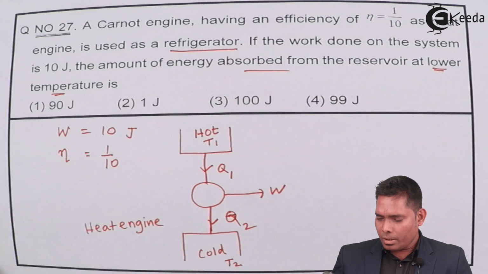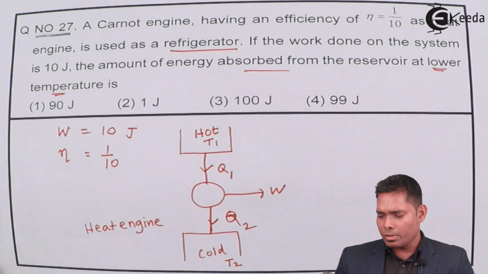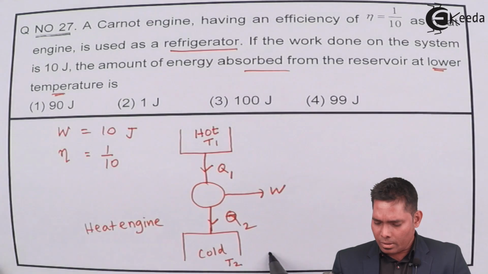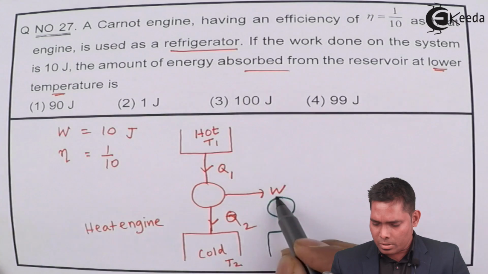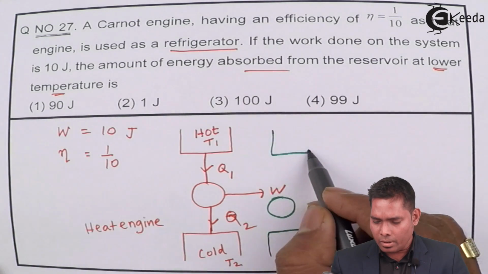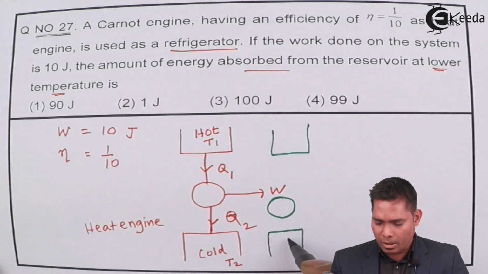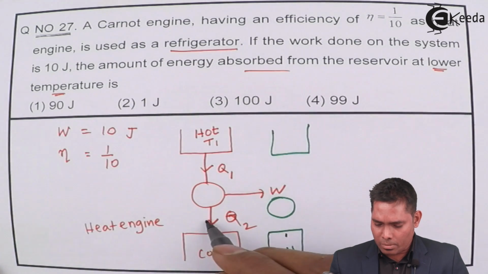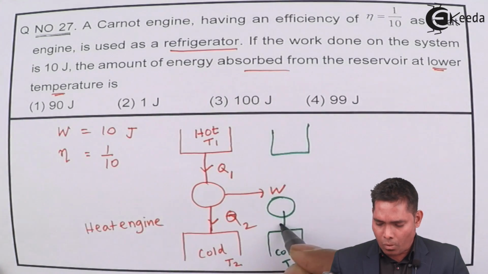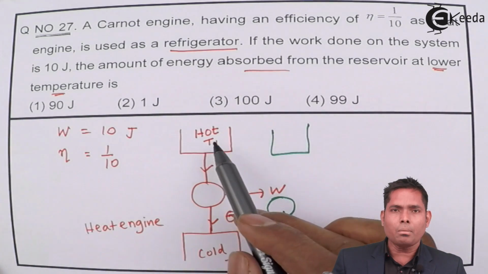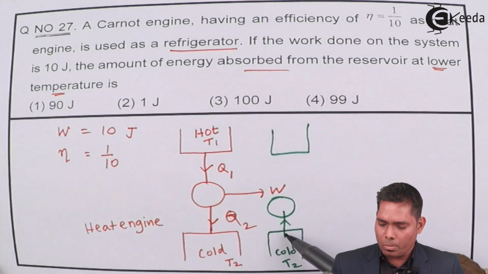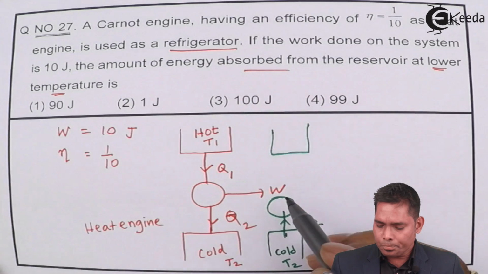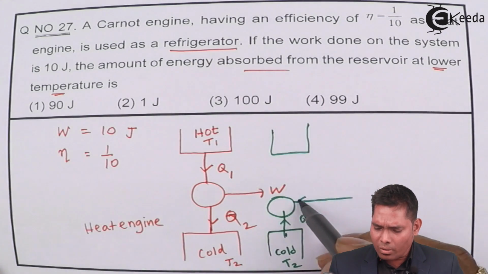The heat engine working in the reverse direction is known as a refrigerator. So in a refrigerator the same process is done in reverse. That means this is cold and its temperature is T2. The direction of the arrow is reversed. Heat is taken from the cold body. Here the heat is taken from the hot body and rejected to the cold body; here heat is taken from the cold body, suppose Q2, and work is done on the system.